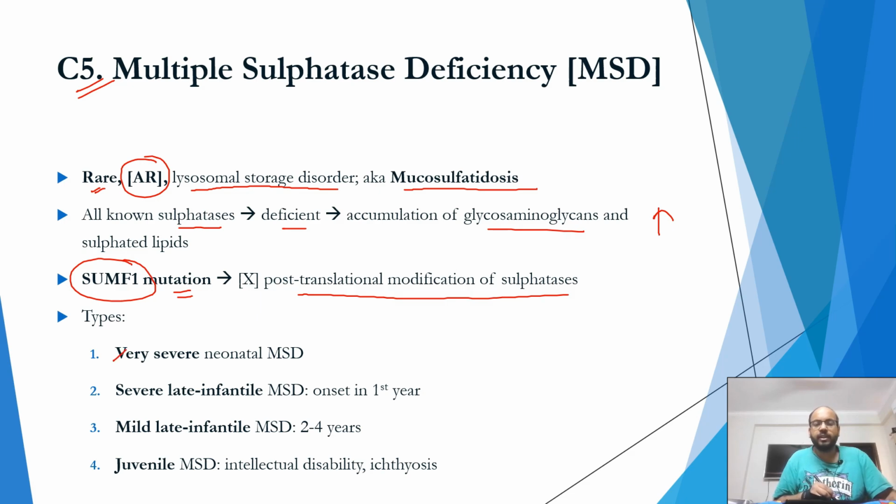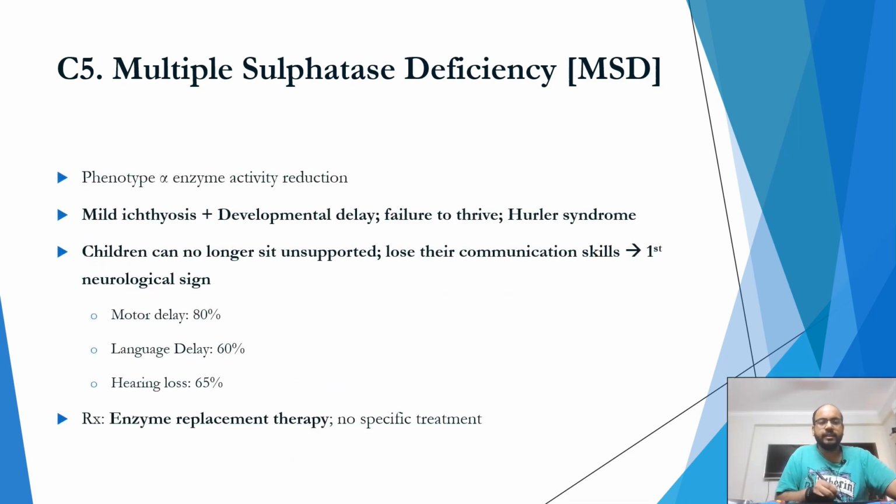There are four different types: very severe, severe late infantile, mild late infantile, and juvenile multiple sulfatase deficiency. These are just the types mentioned, so just for theoretical purposes, you may know that. The phenotype or the intensity of clinical features is directly proportional to the enzyme activity reduction.